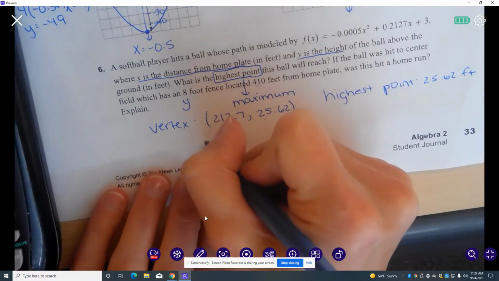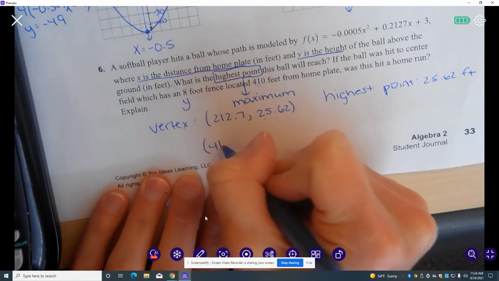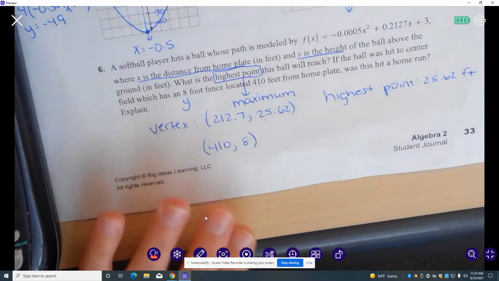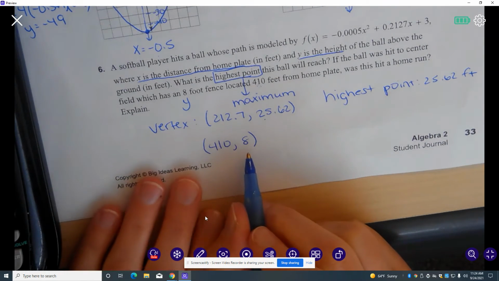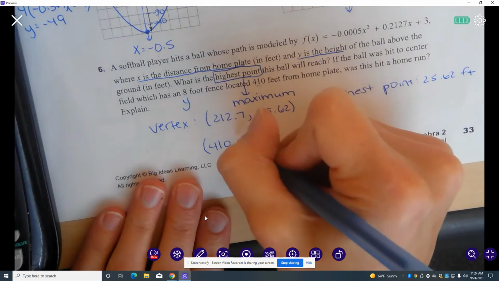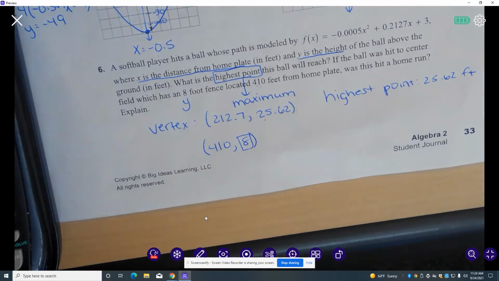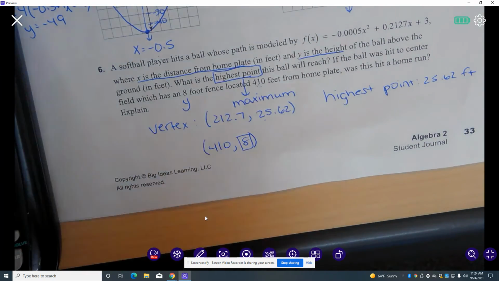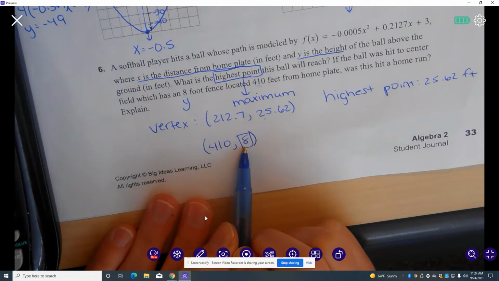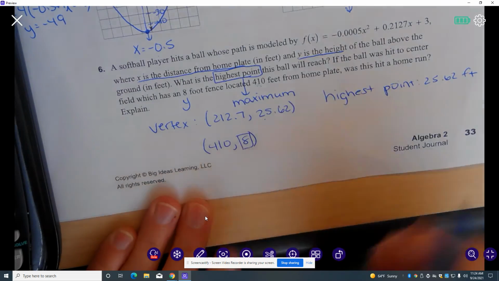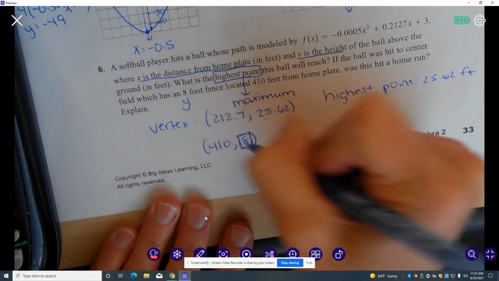Okay, we're interested in, is the point (410, 8) on or near the parabola? And we're going to use this y value to see if it's a home run. So what we're going to do on our calculator is create another line on this graph using this y value.